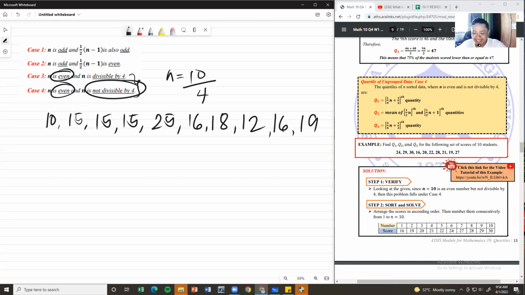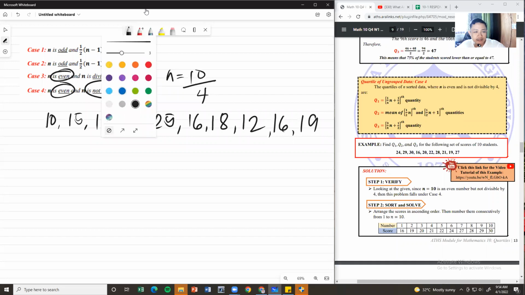There's a comment in our section that says, "Sir, in the quiz we need the long method." No, whichever method is easier for you, that's not a problem. What's important is you know how to get these quartiles. Let's do this fast. Let's just arrange this first.